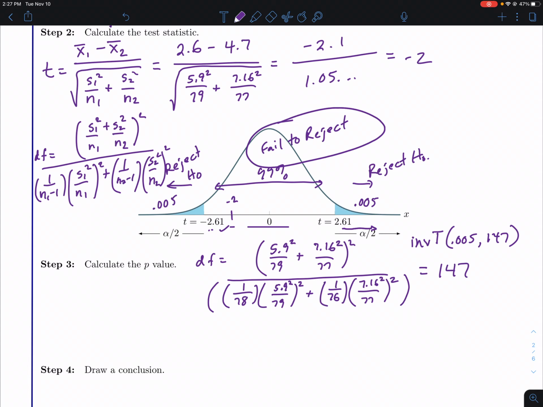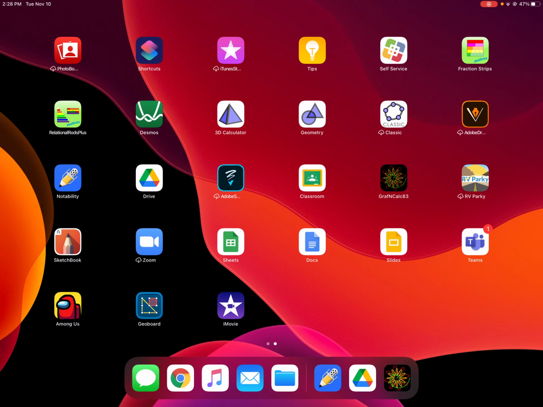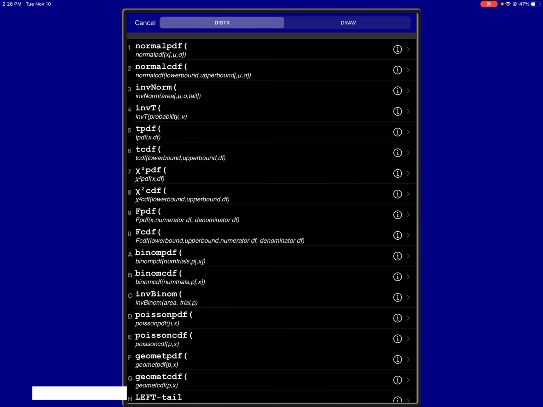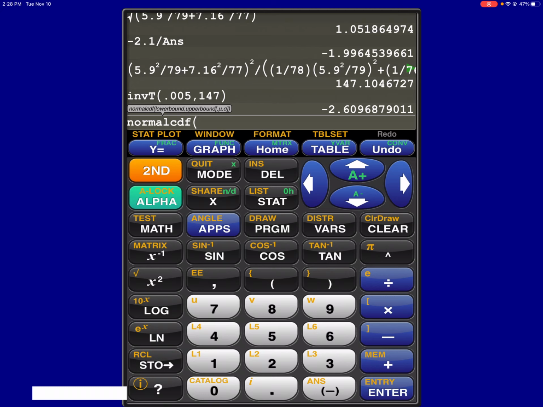So now what we want to do is use the calculator command. In this case, I would go with second vars, normal CDF. I'm doing the lower end because my t-score is negative. So I want negative 100,000, comma, negative 2, comma, 0, comma, 1.